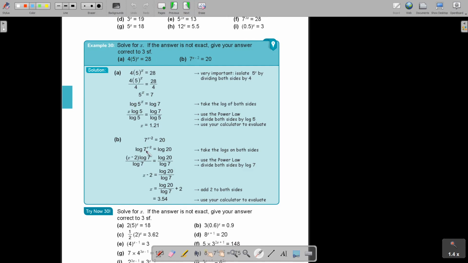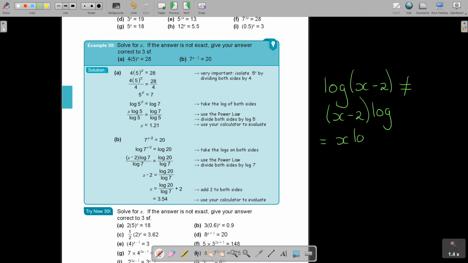And the same, okay, this is very interesting, and I want to show you. If you have, and this is very important, if you have log of x minus 2, you cannot go and say it's log x minus log 2. I'm not even going to write it down. But if you have (x minus 2) times log 5, then that will be equal to x log 5 minus 2 log 5.